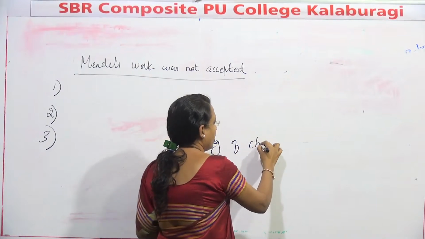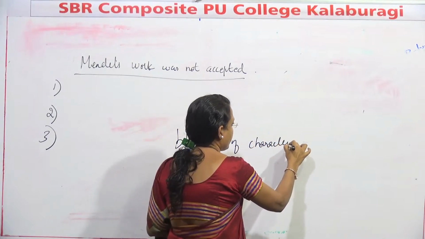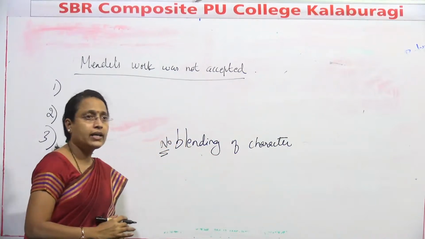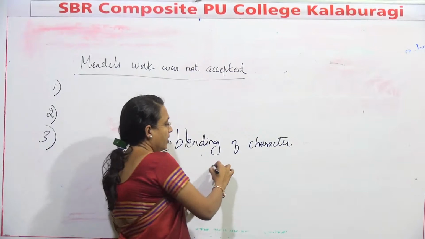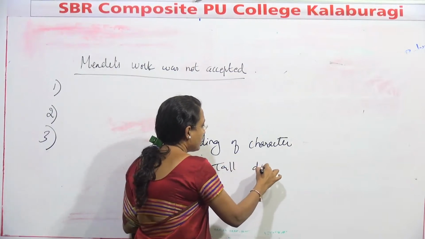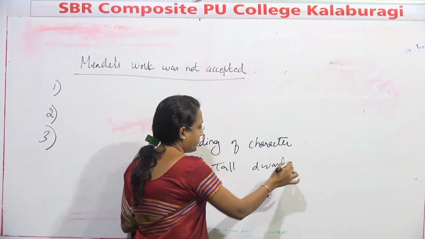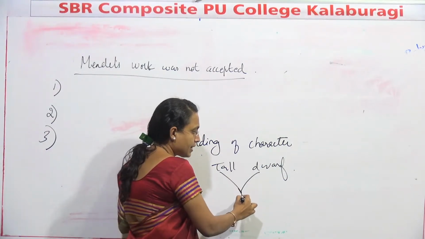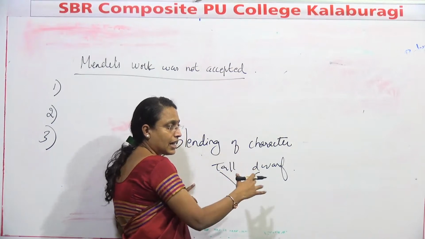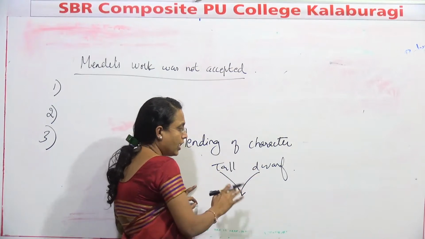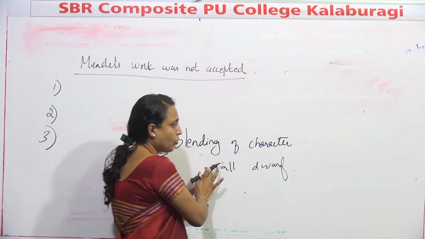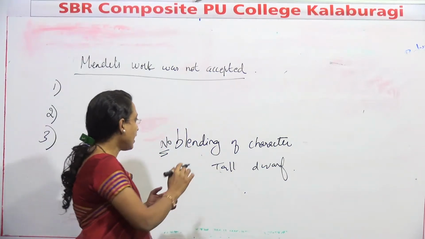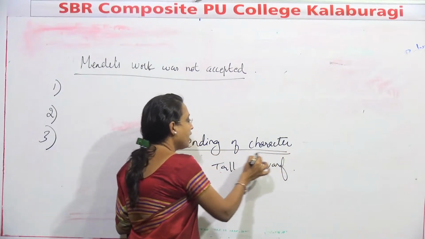He says there is no blending of character, which means: for example, if there is a tall plant and a dwarf plant, these two characters will not mix and give some other character like intermediate or middle height at all. It will be purely either tall or dwarf. There cannot be any third character, he says. That itself is called no blending of character.